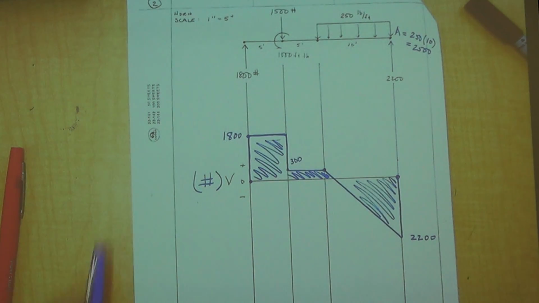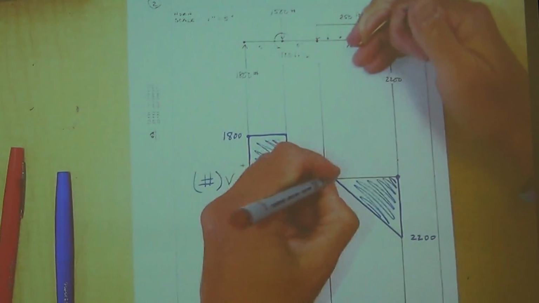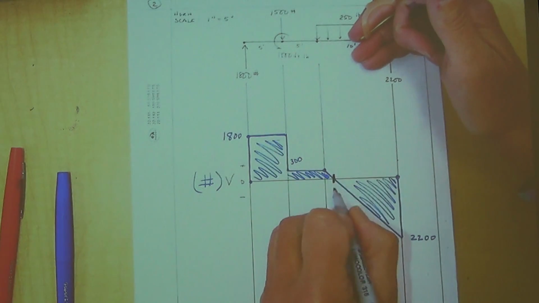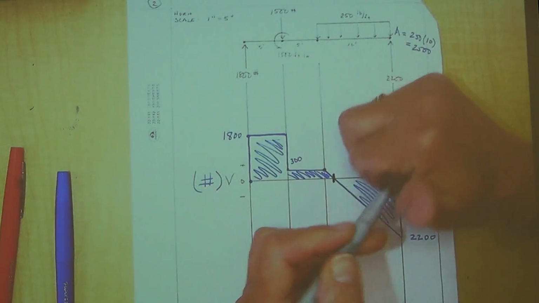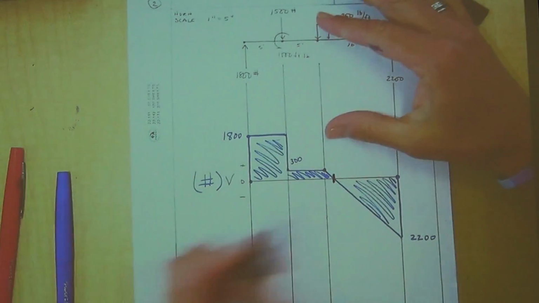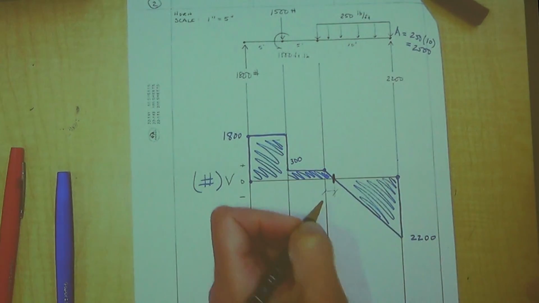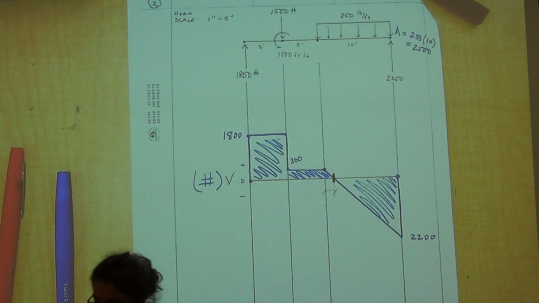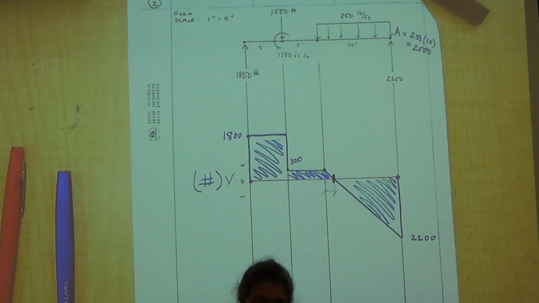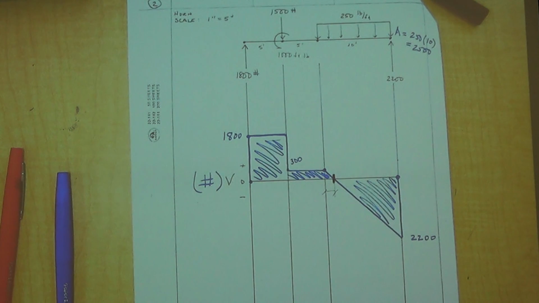Where does it experience 0 shear? That point, right? Which would be nice for us to be able to figure out. We could do it by a slope diagram. And it turns out to be, I think, 1.2. Let me look it up. Oh, it's in this packet. Is it 1.2?